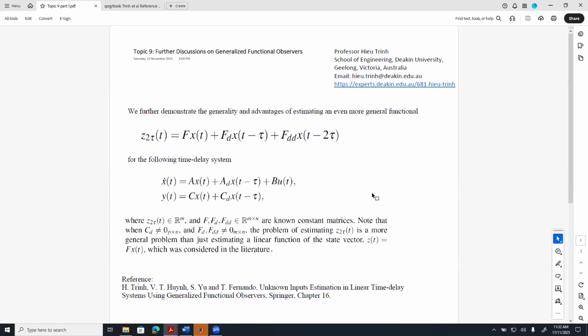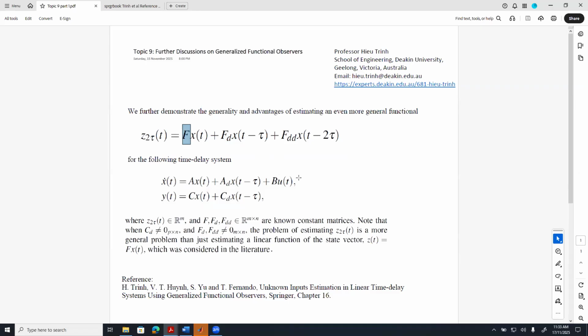The reason why we include this is to show the generality of estimating this problem. Also, in our chapter 6, where we look at the estimation of the delay unknown input, we also have a special case where we're going to estimate a generalized functional where C matrix here is 0, and we have CD, which is non-zero, and we have F here 0.